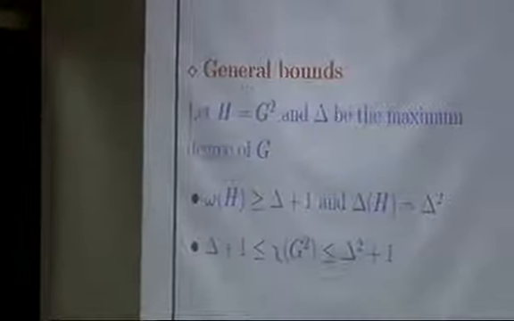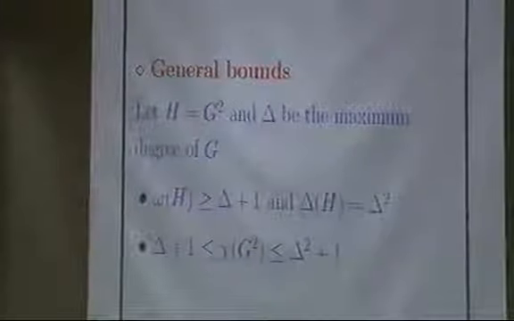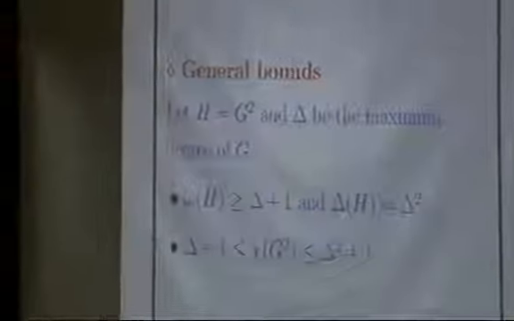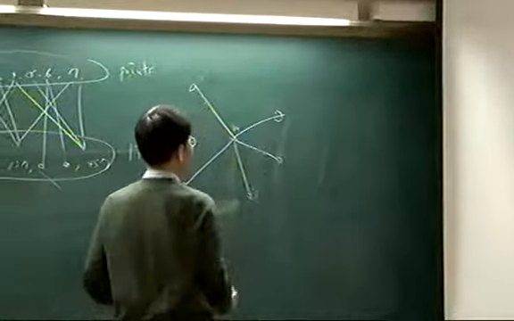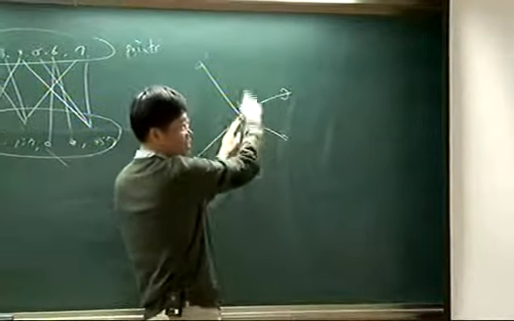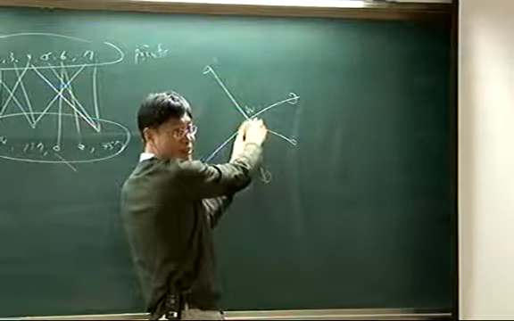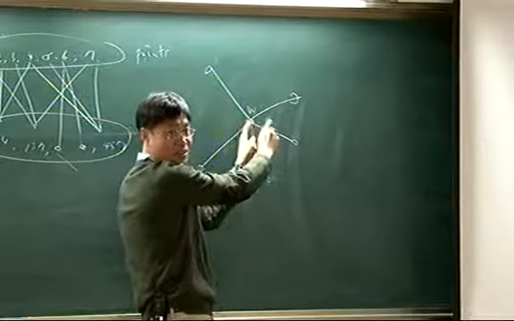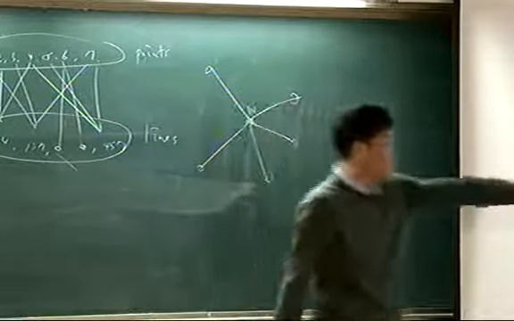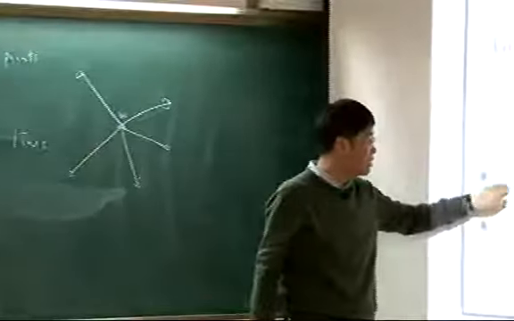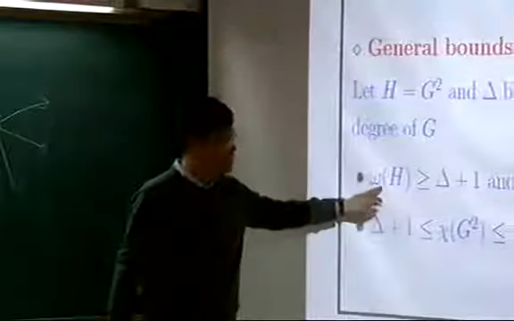So the general lower bound and upper bound is as follows. Every neighbor must have a different color in the square of the graph, including this center. So delta plus 1 is a trivial lower bound, because the clique number is at least this much.